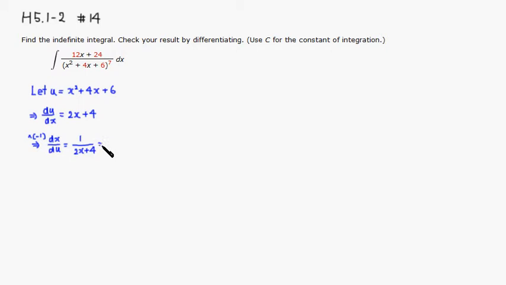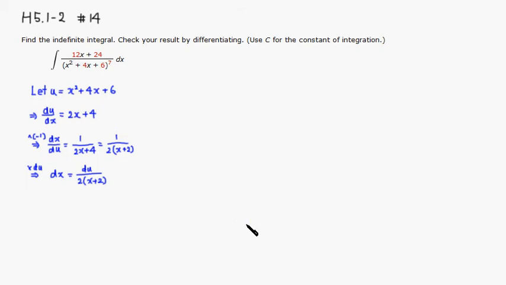So it's 1 over 2 times x plus 2. Then we can just multiply both sides by du, so that we can isolate dx on the left hand side, and the right hand side is going to be du over 2 times quantity x plus 2.